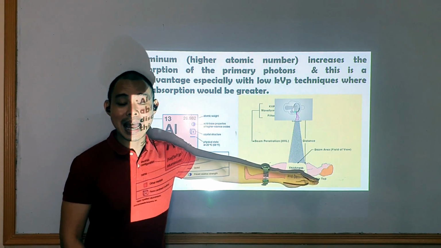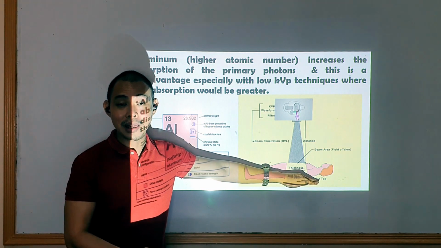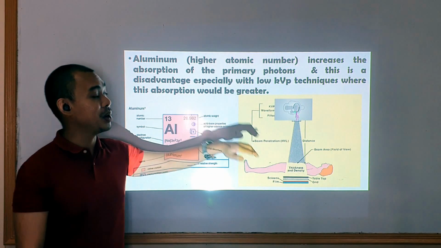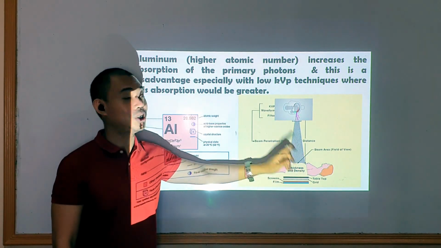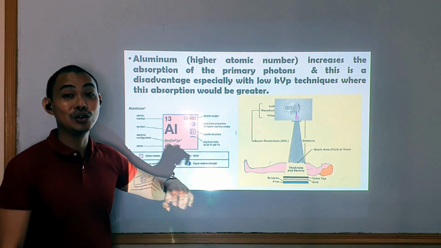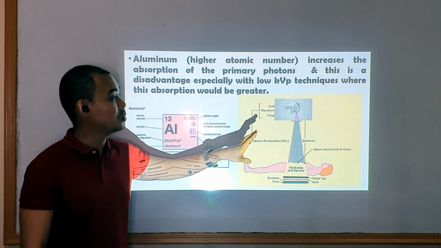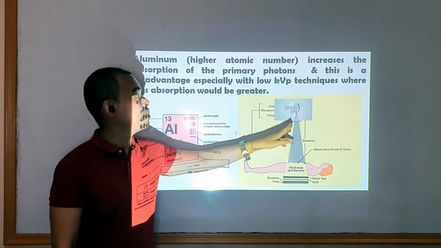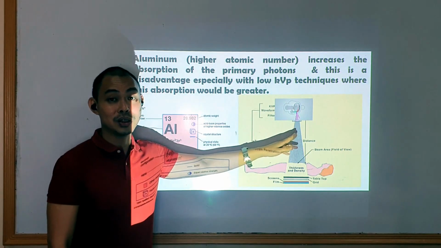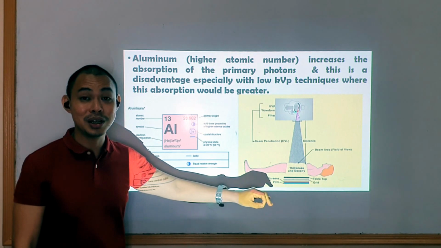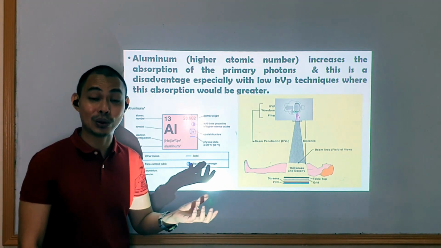What if that grid has an interspace material made of aluminum? Because of the high atomic number of that interspace material, which is aluminum, it is going to absorb more of the primary photons, which means to say, guys, before it reaches the image receptor, there will be fewer photons.